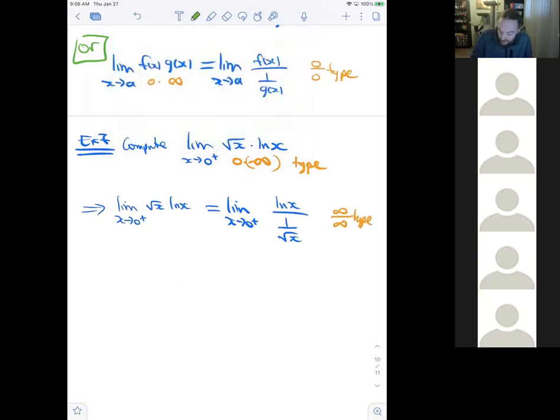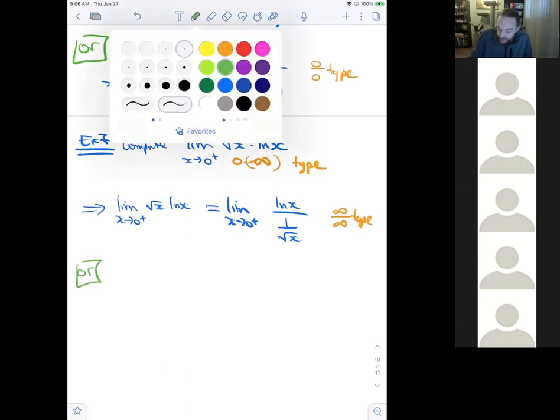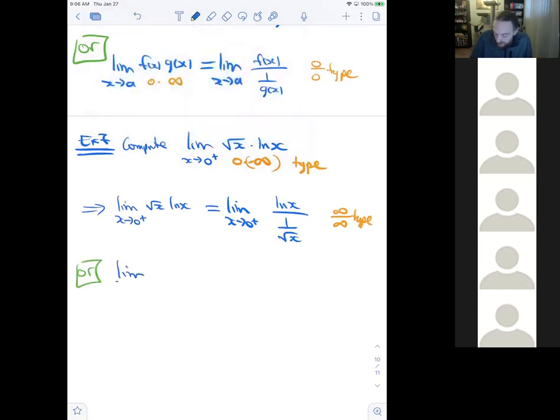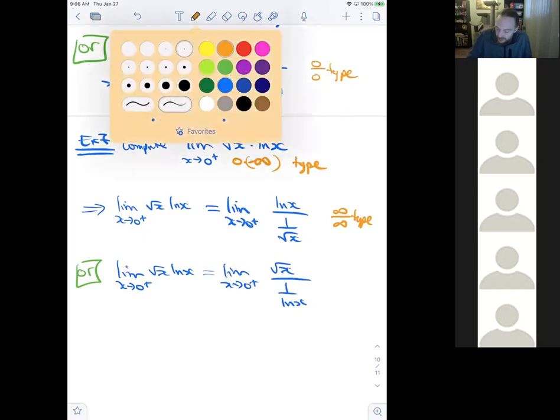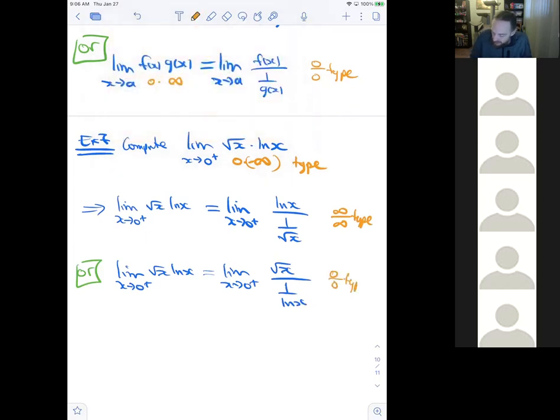Or I could equally write this as the limit as x approaches 0 plus of root x over 1 over ln x, which will be 0 over 0 type. Which one am I going to choose? Which one would you choose?